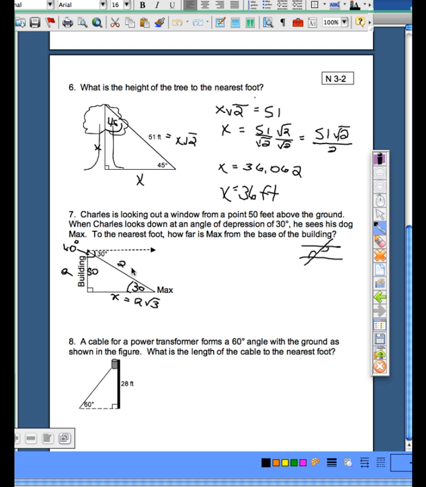So if we know that 50 is A, then X is 50 times the square root of 3. Since we want it to the nearest foot, we're going to go ahead and put it in the calculator and find that X is equal to 86.603, and to the nearest foot, that's about 87 feet.